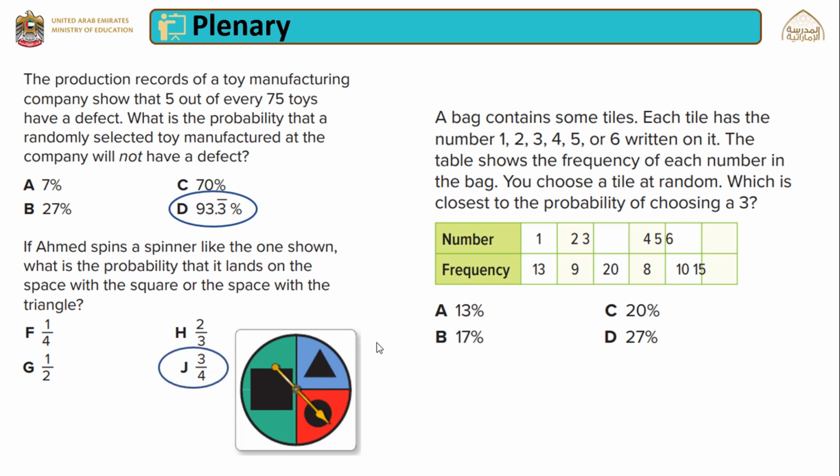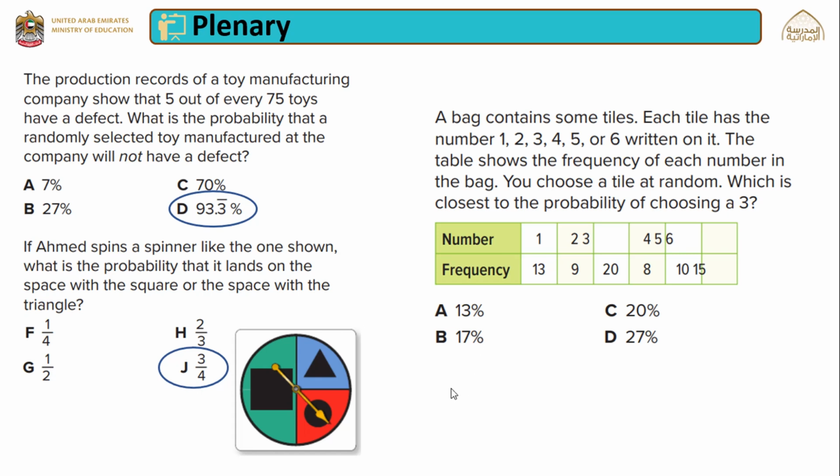A bag contains some tiles. Each tile has the number 1, 2, 3, 4, 5, or 6 written on it. The table shows the frequency of each number in the bag. You choose a tile at random. Which is closest to the probability of choosing a 3?